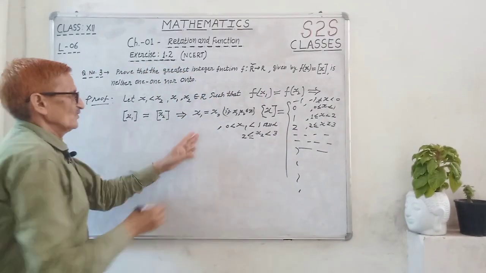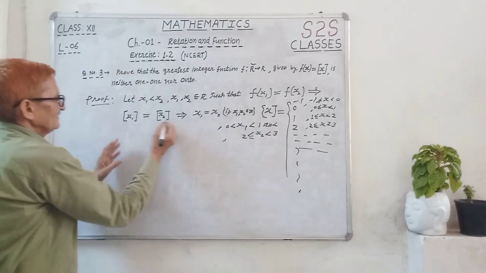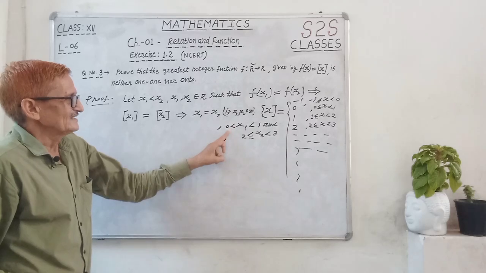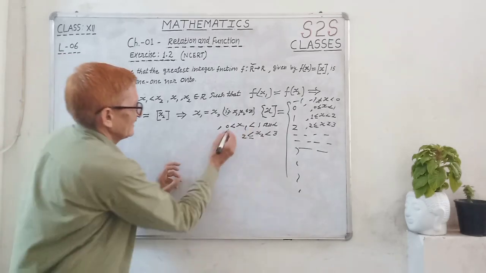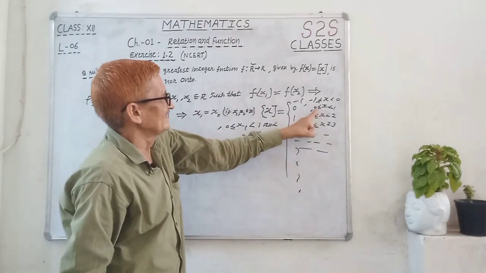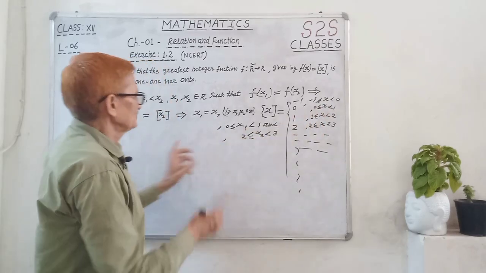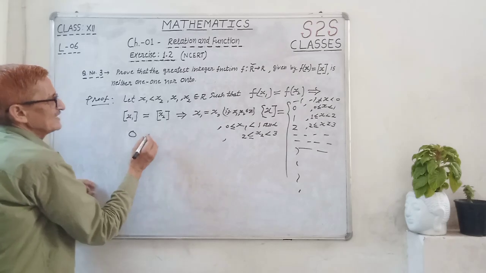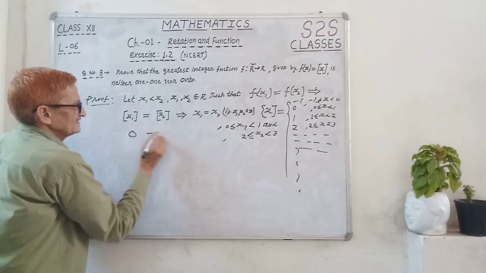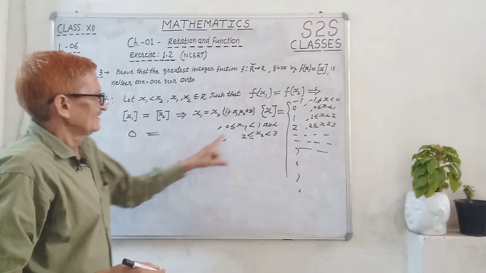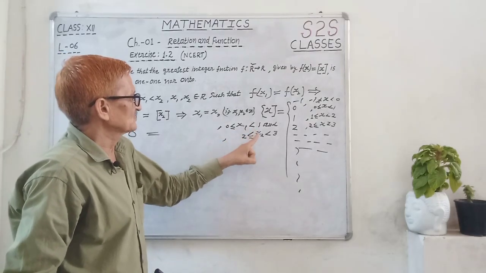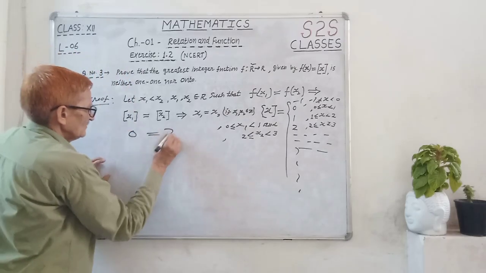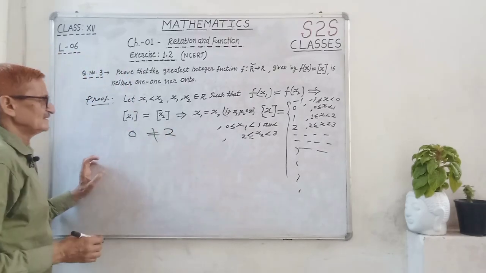In this case, what will come? The greatest integer of x1, for this case, is less than 1 and greater than or equal to 0, which means 0. So this value will be 0. And this value will be the greatest integer of x2. x2 is between 2 and 3, so 2 will come. So these are not equal.